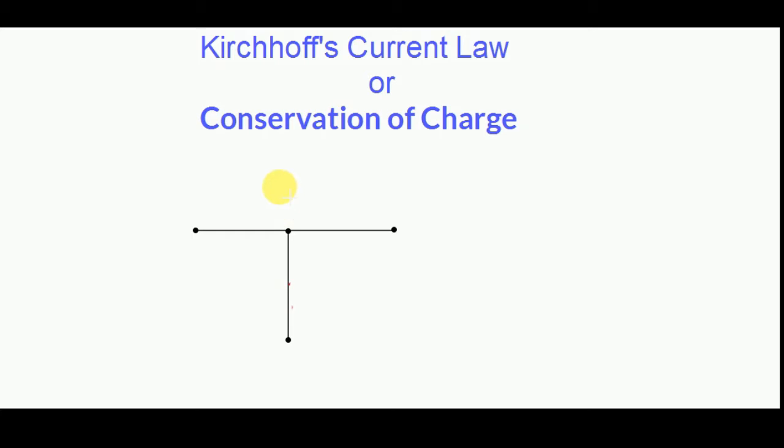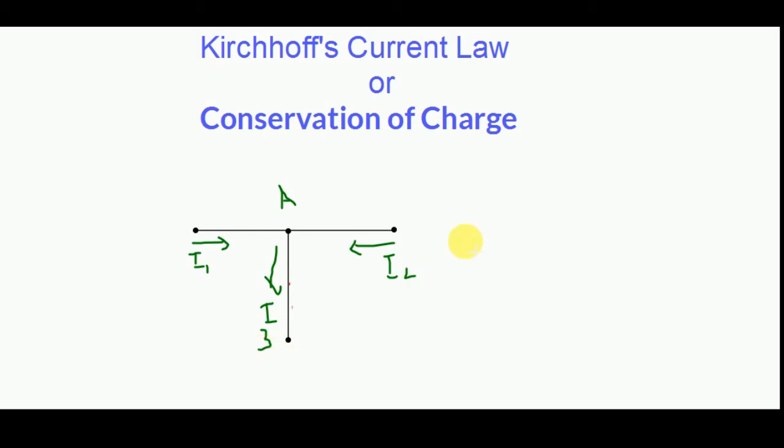Let's take a node A. Let's assume current I1 enters from this branch, I2 enters from this branch, and I3 leaves from this branch.